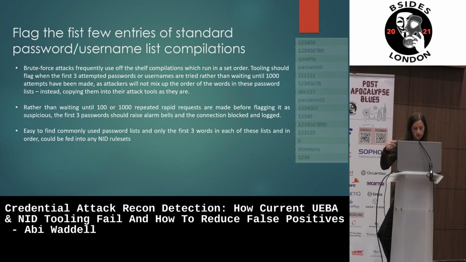So the script that iterates through each item on the list does so in the same order each time. Attack detection tooling should note the first 3 entries of these lists and flag when they are used in this order in succession immediately, as opposed to waiting until 1,000 attempts are made. This will also point much more definitely to a malicious attack taking place.